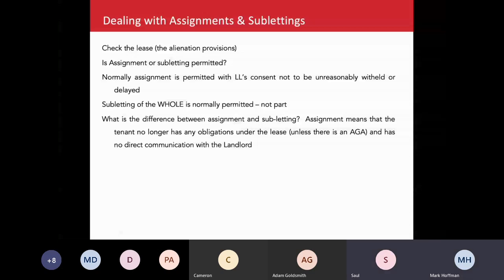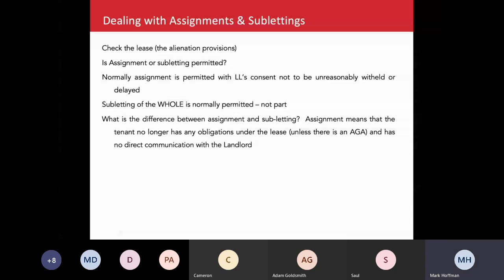Okay. So firstly, assignments and sublettings. We talked about surrender. When we talk about property management, one of the things that a property manager does on a regular basis is deal with the application on behalf of tenants who are looking to assign or sublet their lease.